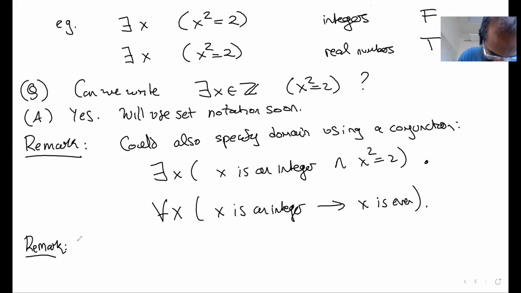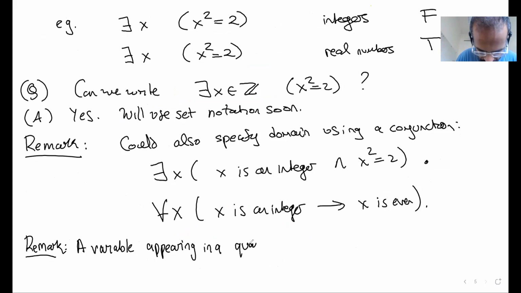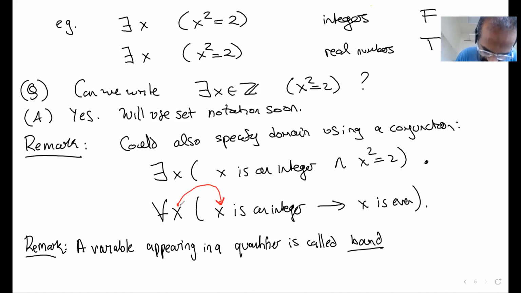Once all the variables are quantified, actually I should make an explicit point about this. A variable which appears in a quantifier is called bound. For example, if we look at the statement above, then bound refers to the fact that this x is the same as this x, and the same as all occurrences of x appearing in here.